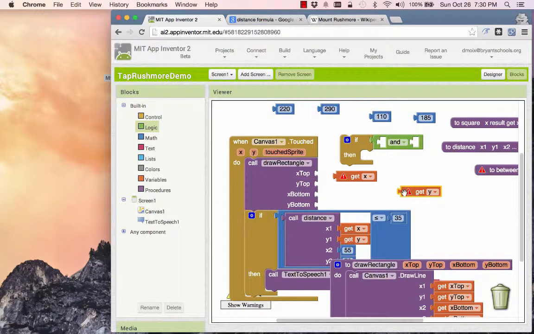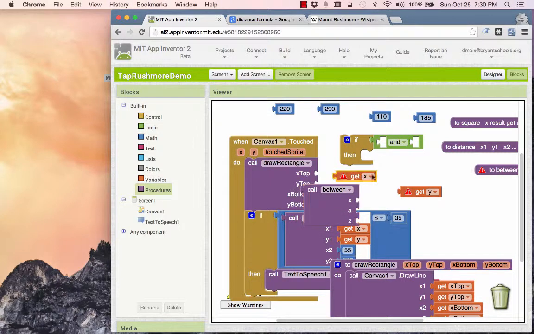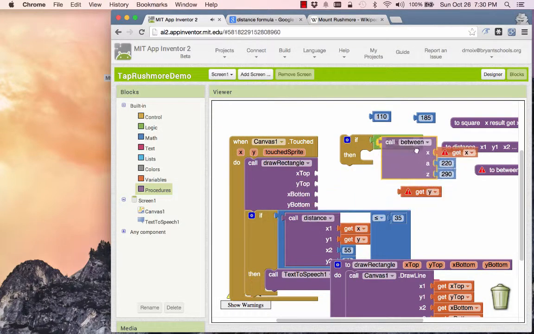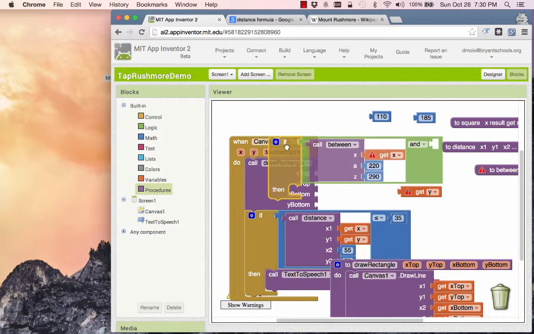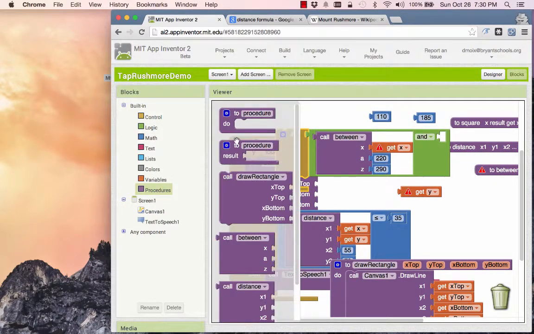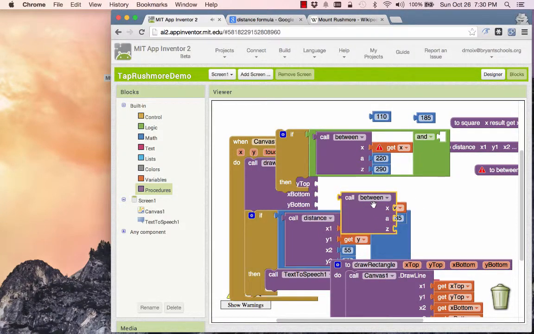We want to know if x is between a and z, and we want to know if y is between the other a and z. So we can get out another between.